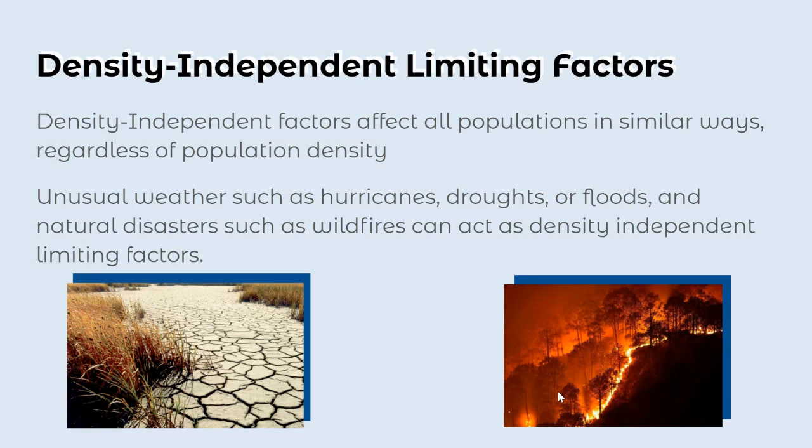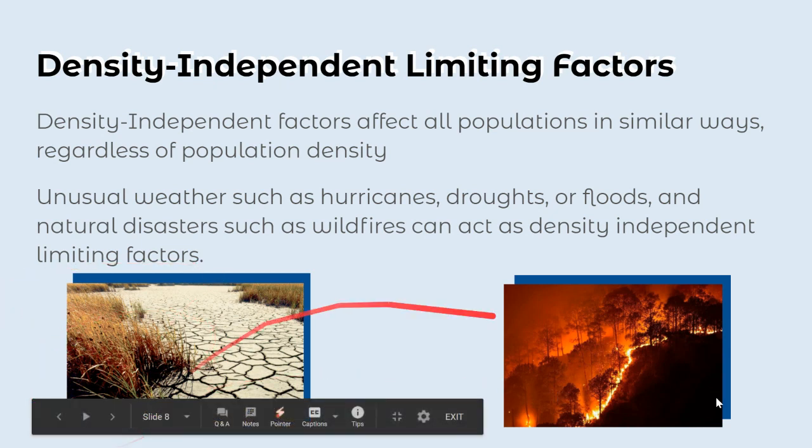They are things like unusual weather patterns, like hurricanes or droughts or floods, and natural disasters like wildfires, and stuff like that will act as density independent limiting factors. So we've got a drought and a wildfire.